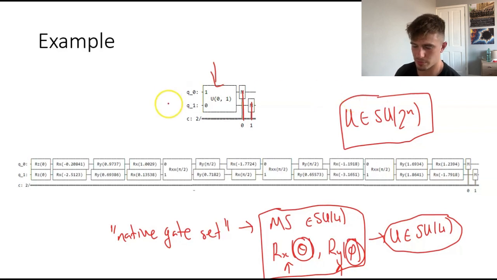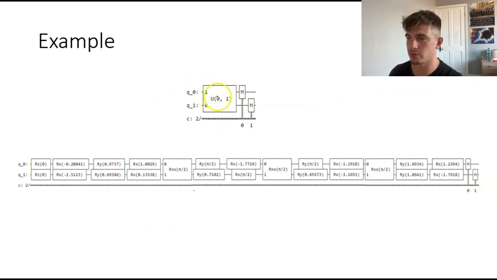Okay, nice. So as I was saying, here I've got a random 2-qubit gate between 2 qubits called Q0 and Q1, and if I'm able to approximate this, then I can essentially approximate any n-qubit gate or any quantum algorithm.